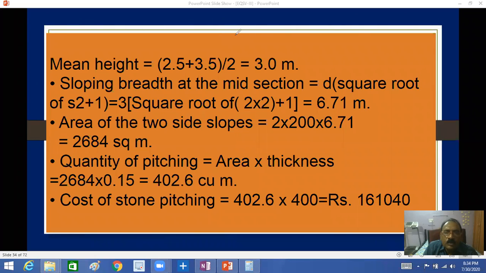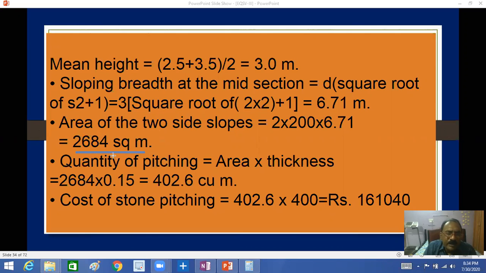The area of side slopes you got is 2684 square meters. You have taken the average depth and both sides, that slope into your length, to get the total pitching area.